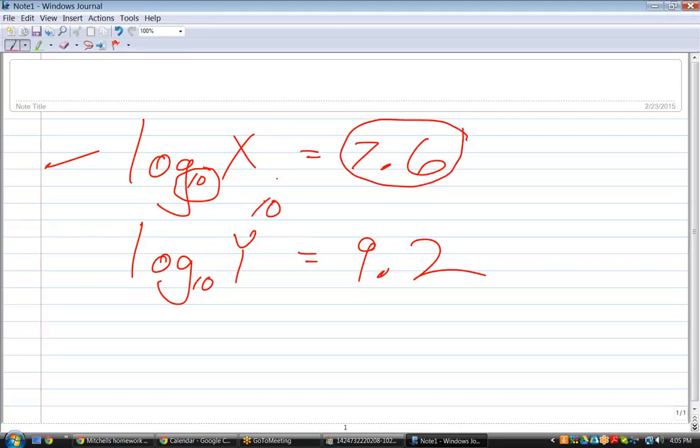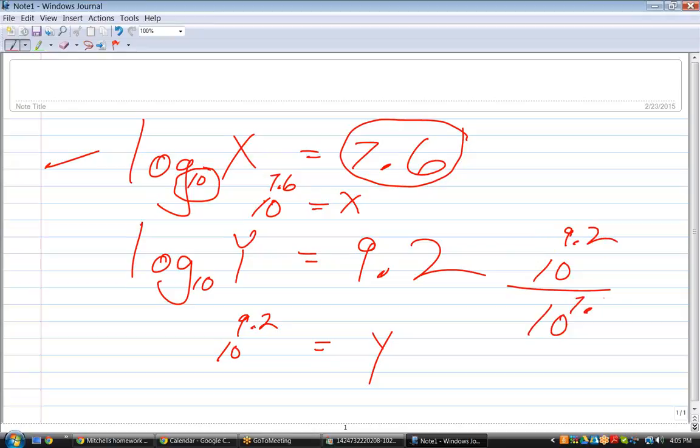So 10 to the 7.6 power is x, and 10 to the 9.2 power is y. So we have 10 to the 9.2 divided by 10 to the 7.6.